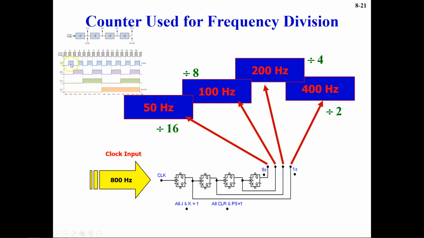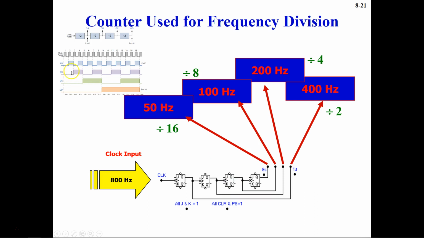And then further, when this is taken as a clock into the next flip-flop, there is another division of the frequency by 2, and you can see over here that the frequency division took place, and it is 200 hertz, half of what we had before. And then again, when this frequency goes into the next flip-flop as a clock, it provides f by 2 frequency division, and that's what you see here.